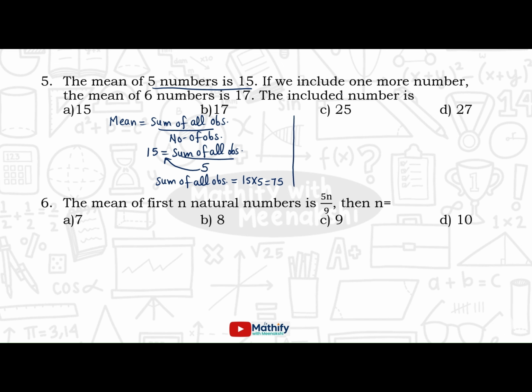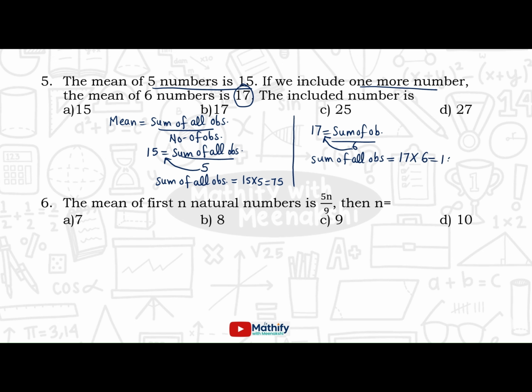After that, if we include one more number, that means now the number of observations is 6, then the mean is 17. Again, if we use this formula, we'll get sum of observations divided by 6 is equal to 17. Now you will transpose 6 to that side, you will get sum of all observations is 17 into 6.